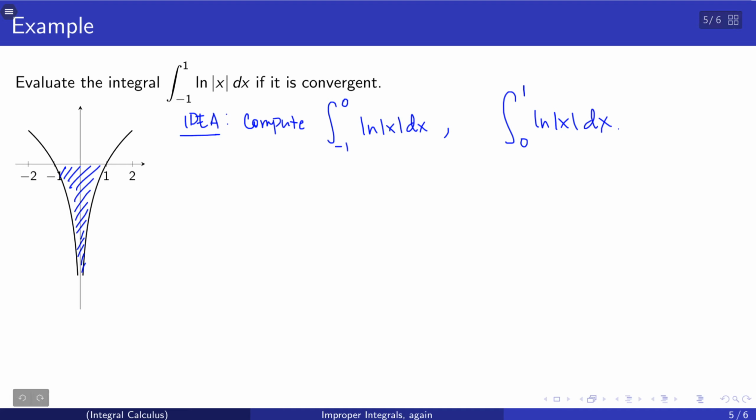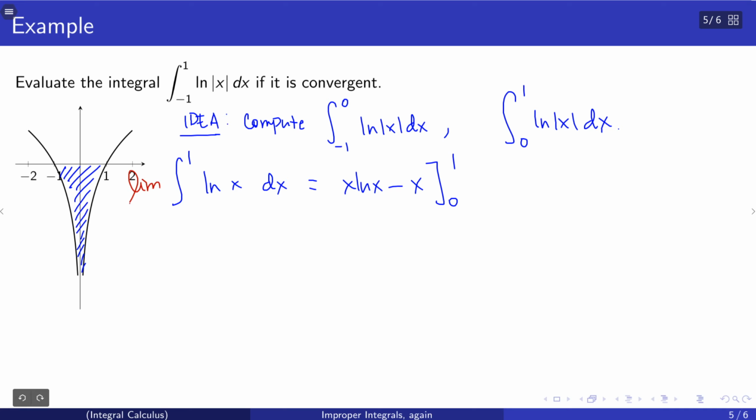And the computation here is going to be similar. What does that look like? Well, ln x dx. So let's do 0 to 1 first. Well, it's positive, so we can just remove the absolute value there, and that's going to be x ln x minus x from 0 to 1. And, well, that's not actually correct there.